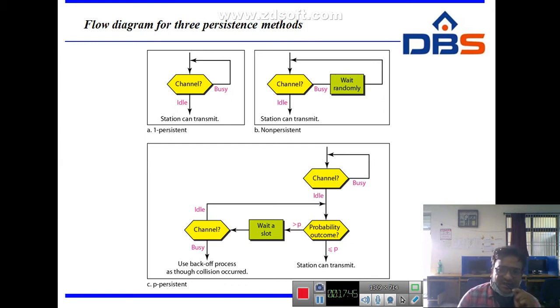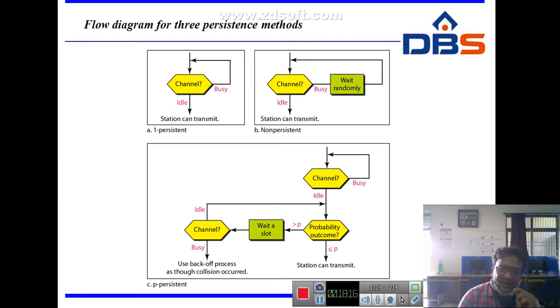In the non-persistent method, we have the station and the channel. If the channel is busy, the station waits a random amount of time. For example, at one instant it waits for 1 second, after that 2 seconds, after that 4 seconds, so the sensing period randomly increases.